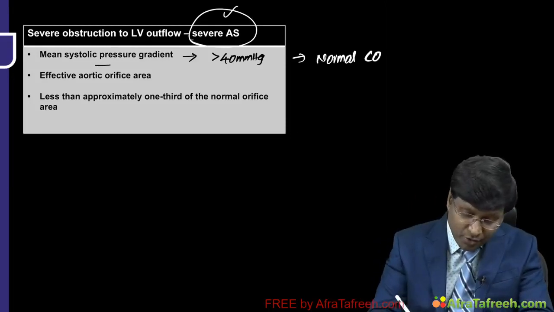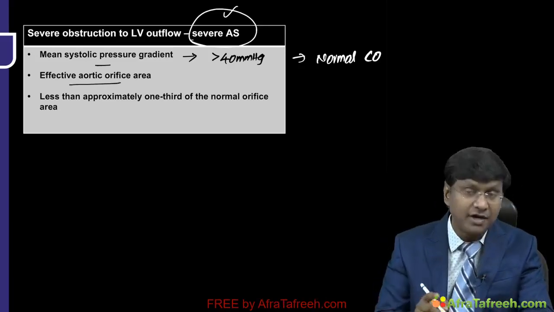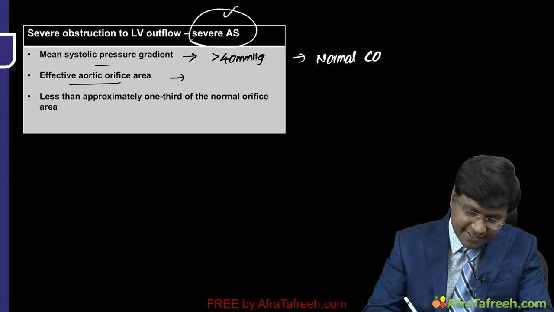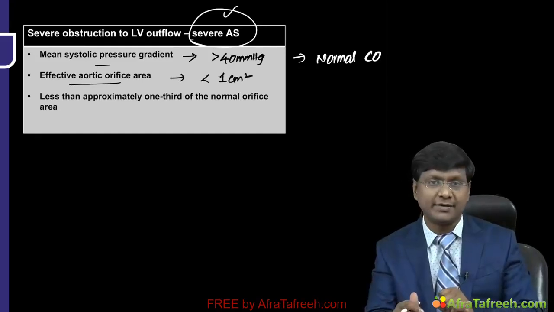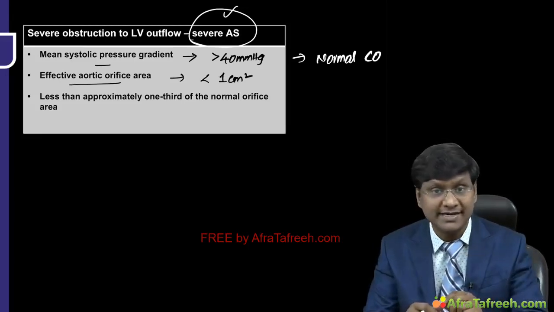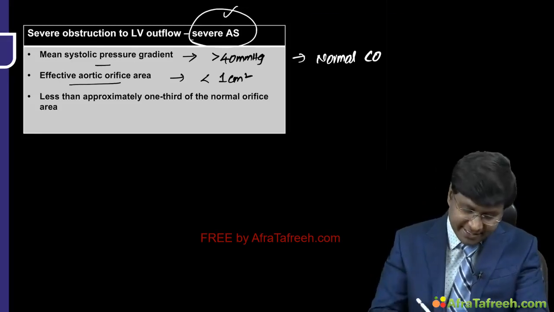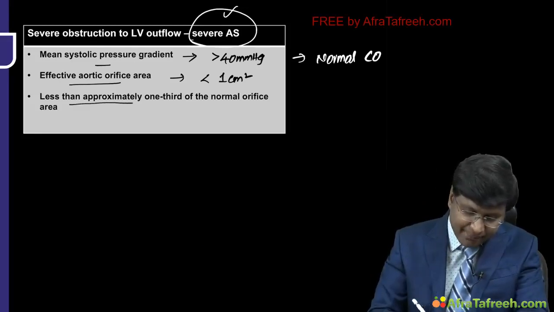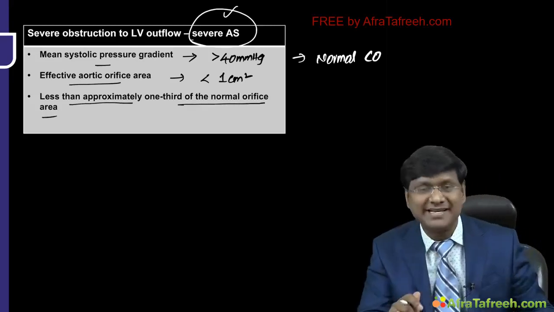Or you call it severe aortic stenosis when the effective aortic orifice area is reduced to less than 1 centimeter square. That is also a criterion to call severe aortic stenosis, right? And the other thing is, the aortic valve area is reduced to less than approximately 1/3 of the normal orifice area, right?